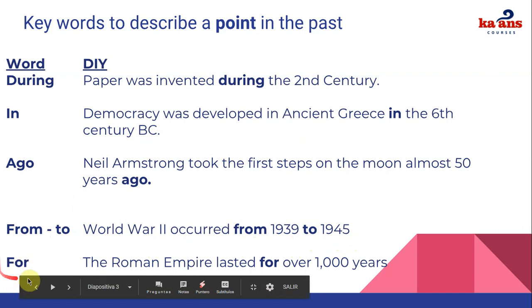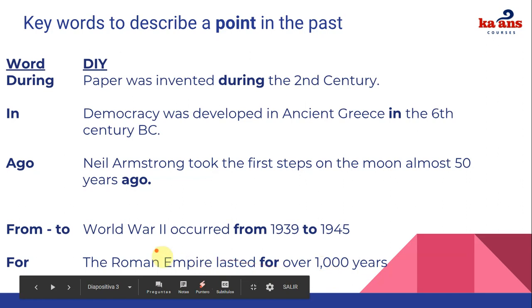And the final one, for example, the Roman Empire lasted for over 1,000 years. So that's a long time that the Roman Empire was in power. In this case, for 1,000 years. That's a lot of time.